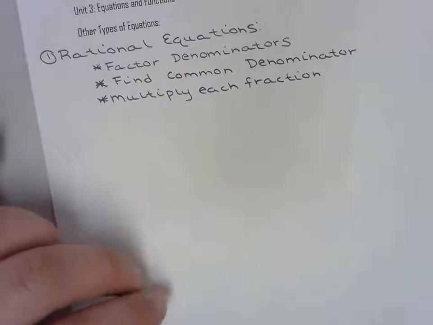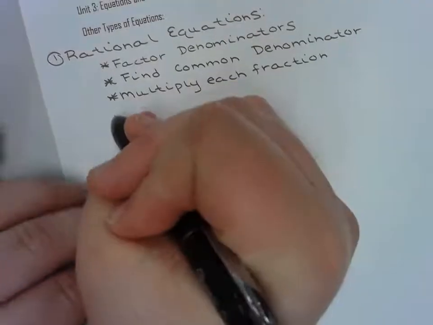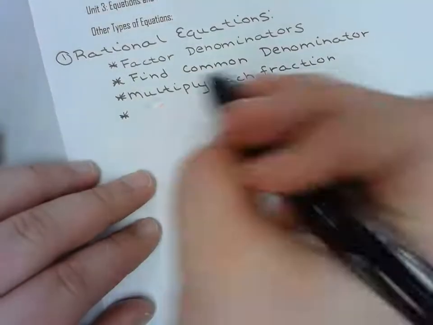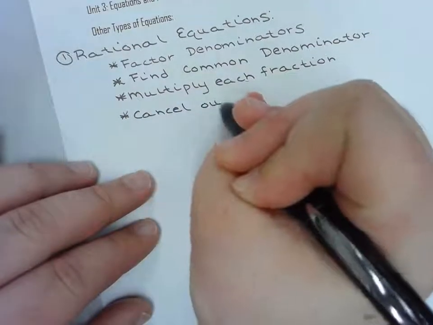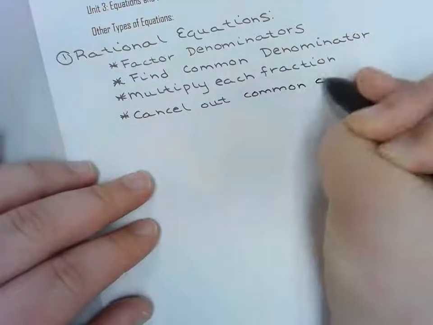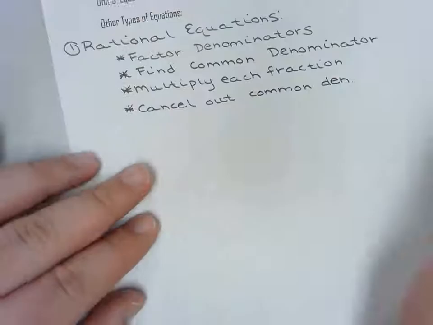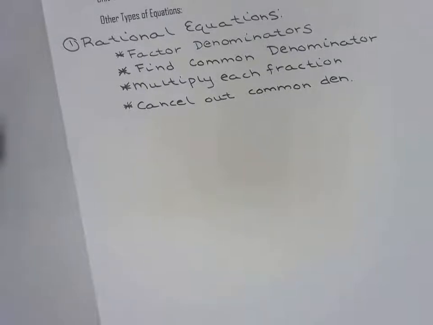Okay. Here's the difference. Once you get common denominators with equations, the denominators cancel. So you can cancel out the common denominator. And this will make more sense. So the big difference with rational equations is once you get common denominators, the denominators can cancel.